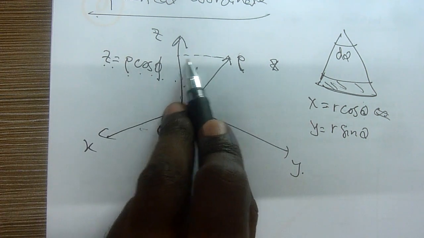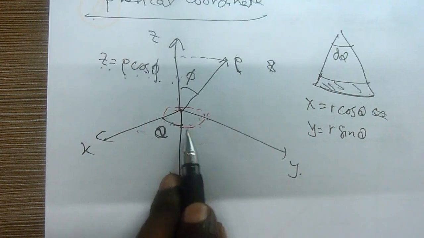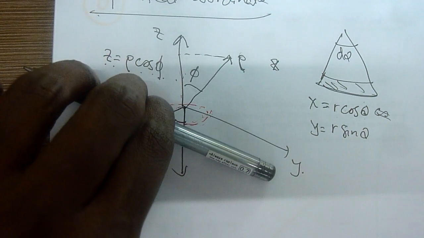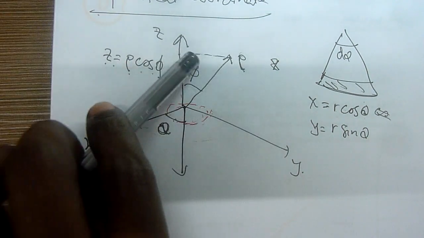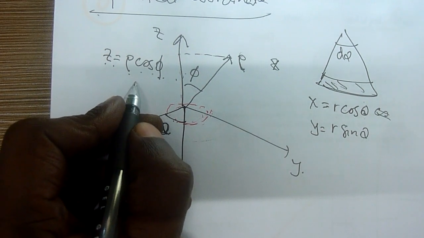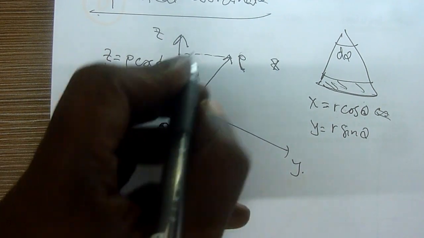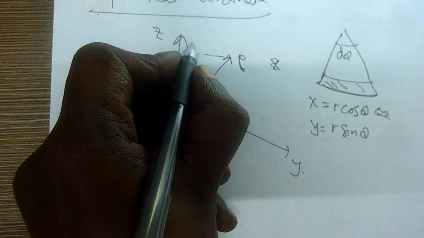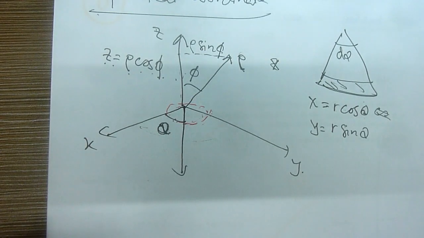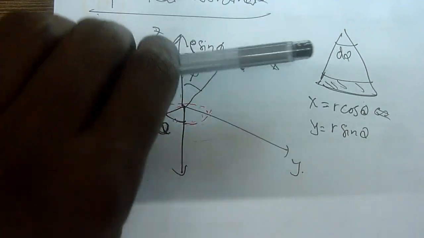What about this? If it is a straight line, which I'm going to bring down here, and I'm going to use this as a standard, therefore this part here will be called rho sine phi.